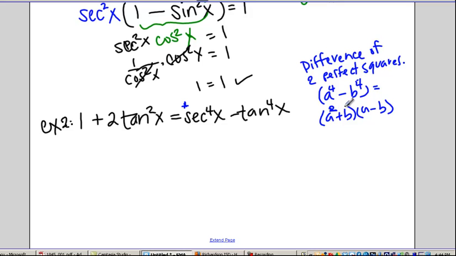So this turns into a squared here, squared there, squared here, and squared there. Okay? So let's go ahead and do that with our problem. We're going to factor these out.